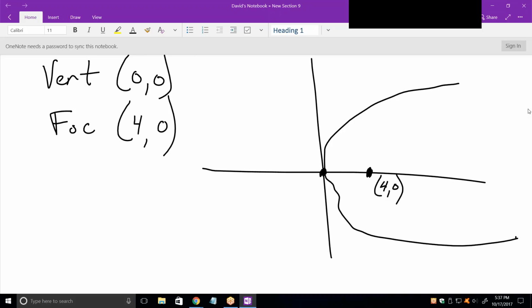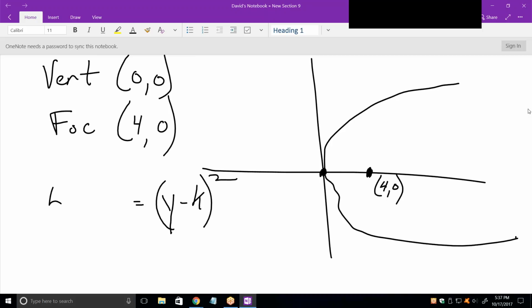Now, what is it asking for here? It's asking to find an equation that satisfies the given conditions. Type your answer in standard form. Okay, let's talk about the standard form for a horizontal parabola. First of all, which variable is being squared? Is it the x or the y? y, right? Correct. So the y is going to be squared. So it's always y minus k, squared.